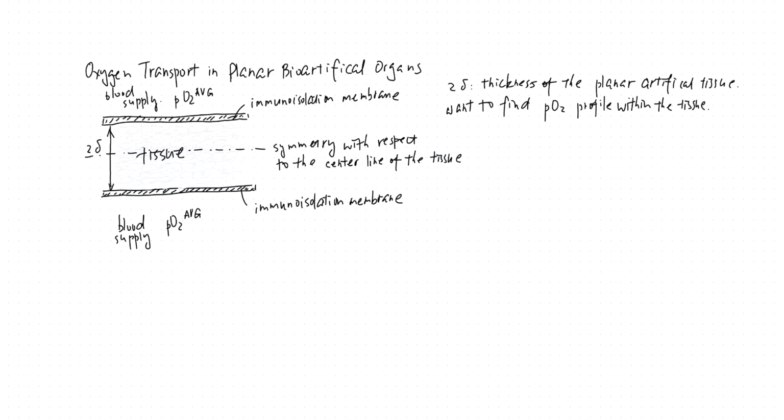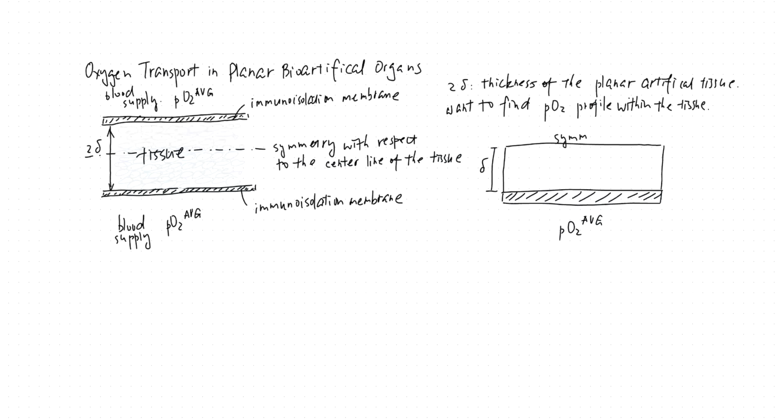So we can simplify our model by modeling half of it. Let's model the lower half. This is our immunoisolation membrane, and outside we have PO2 average, and then we have the tissue. This is half of our tissue, with thickness delta. And here we have a symmetric boundary condition.